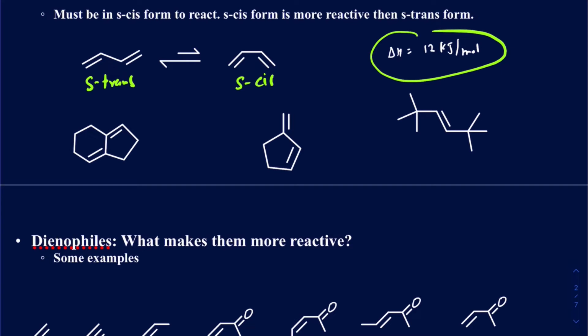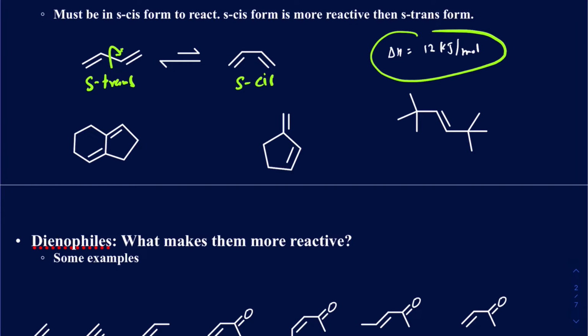Another way of saying this, S-trans is more stable by an energy factor of 12 kilojoules per mole, but you can easily convert those by just a single bond rotation. All I really got to do is just rotate this bond, and I will be able to get into the S-cis form. So once it's in an S-cis form, that's when it's ready to do these 4+2 cycloaddition reactions.